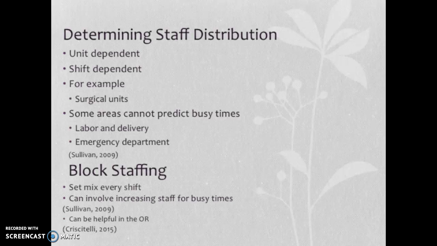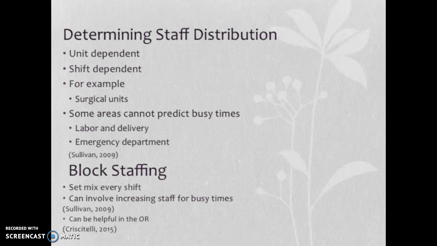Or on something like a med-surg unit, sometimes the nighttime is hopefully a little less busy, and so they may try, or not try, but have a decrease in staff during nighttime because of the less busy times. But there are some areas that cannot predict these busy times, such as labor and delivery and the emergency department. They may have more busy times of the year, but they can't always be predicted.